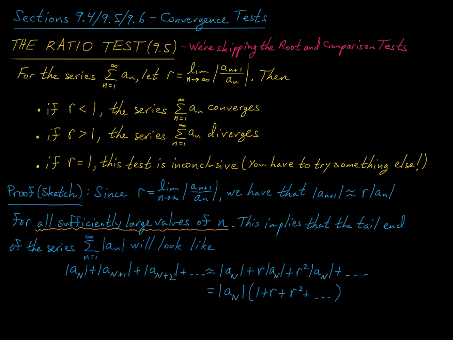So you put those two together, and you get that a sub capital N plus 2 in absolute value is roughly r squared times a sub capital N in absolute value. And then you get an r cubed times this absolute value term, and so on and so forth. So this thing, in fact, is equal to a sub capital N in absolute value times, and you see here, this geometric series in parentheses.